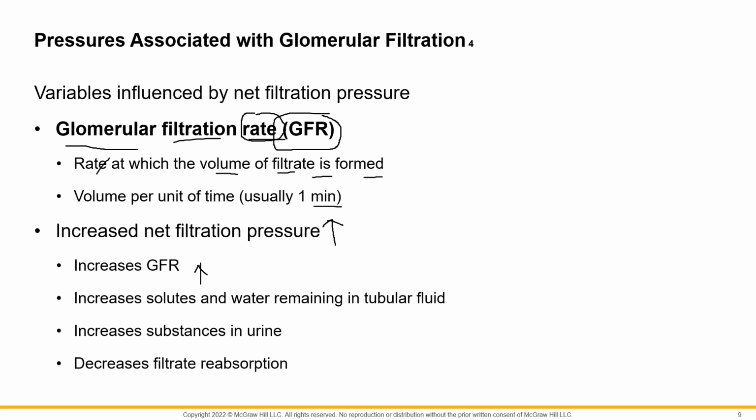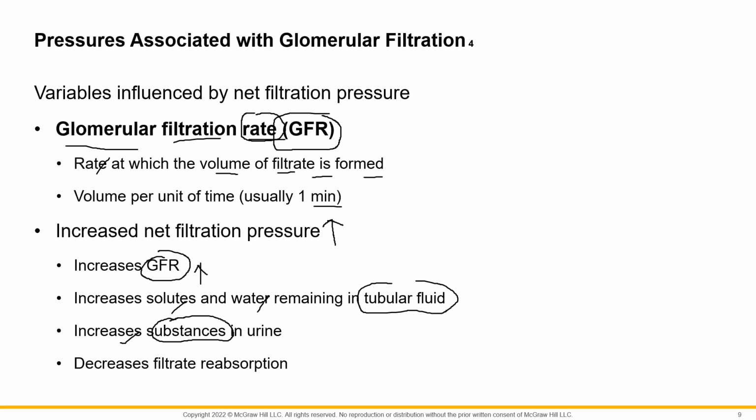So increased net filtration pressure will make more urine, right? It increases your glomerular filtration rate, and it increases the amount of solutes and water that are flowing through the tubular fluid, or filtrate. What ends up happening is that it increases substances in the urine. So you're losing stuff that you would normally reabsorb when GFR goes up.